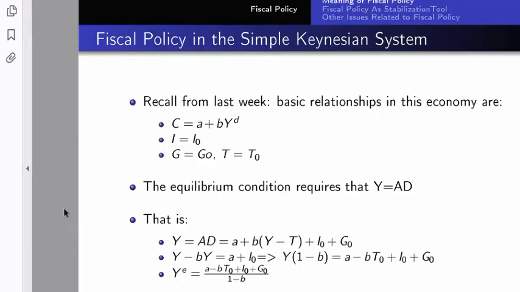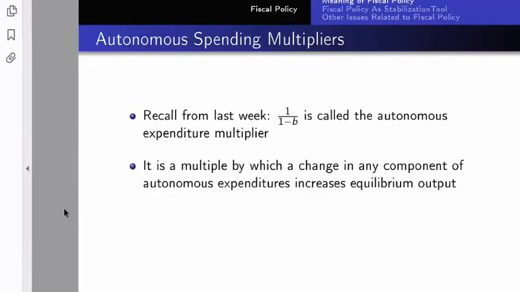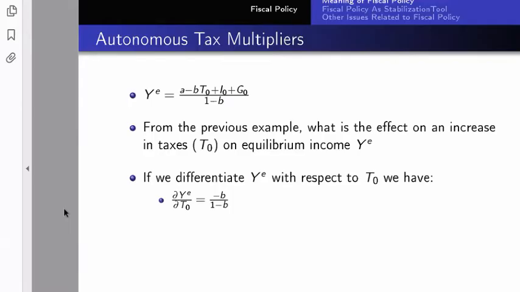And that one is called what? 1 over 1 minus B. You are adding that to the autonomous tax multiplier, which is minus B over 1 minus B. So we have 1 over 1 minus B plus minus B over 1 minus B. Because the denominator is the same, you can just work it out from the numerator so that it becomes 1 minus B divided by 1 minus B.